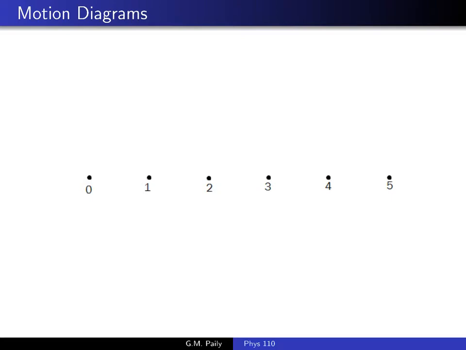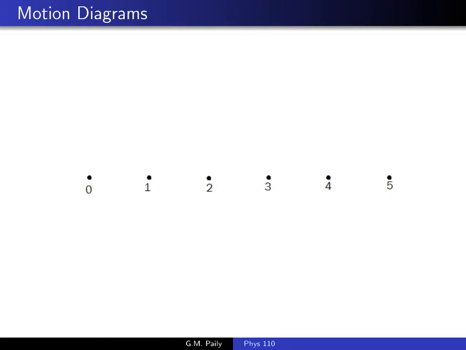In this example, we see that as the time progresses from 0 to 1 to 2 to 3 to 4 to 5, the position changes. And it changes in a very uniform manner. The spacing here is the same as the spacing here, the same as the spacing here, and so on.